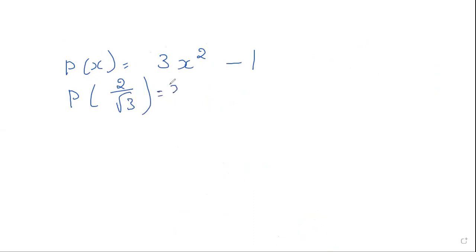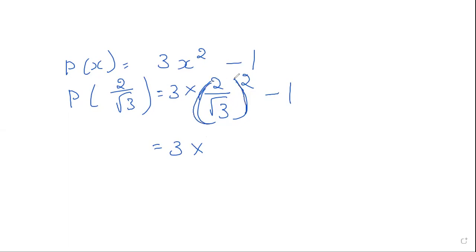That is equal to 3 into 2 by root 3 whole square minus 1. What does whole square mean? The square applies to both the numerator and denominator. So I can write it as 2 squared by root 3 square. Okay, now children, minus 1.